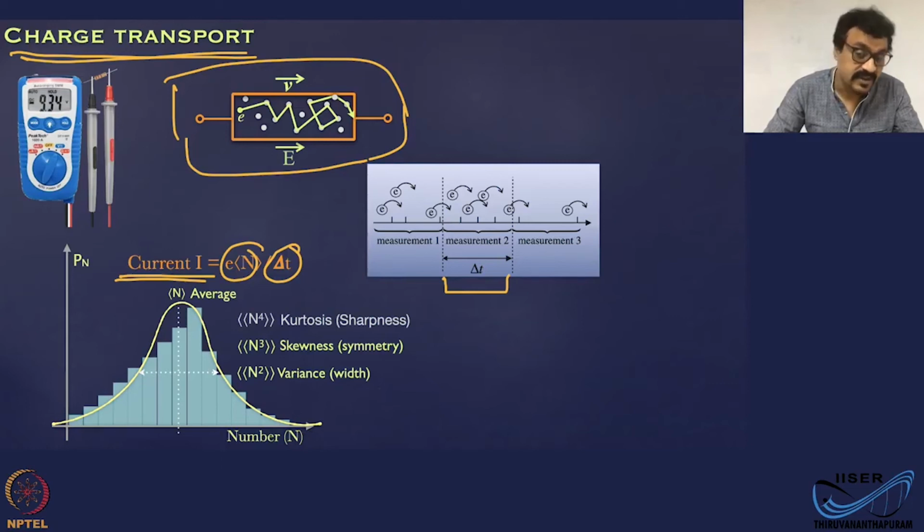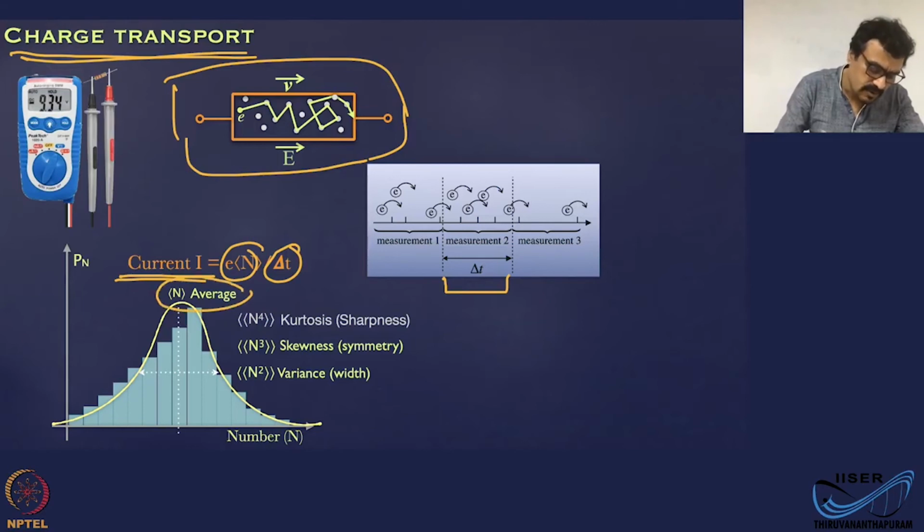At some point of time, it could be, say, 100. Next moment, it could be 101. The next one could be 110. Maybe next 99, 98. But on an average, they are all around a certain number. Then there is an average number, that is n here.